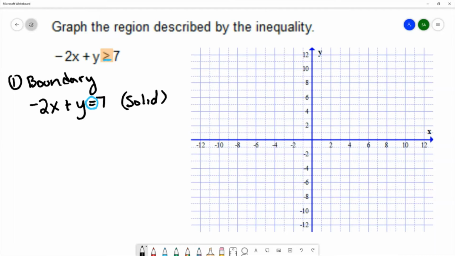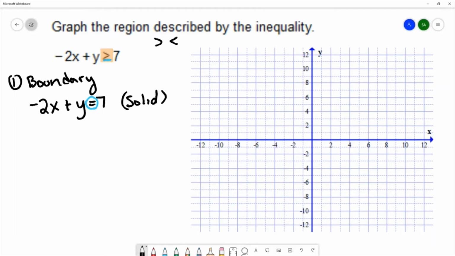If we had an inequality like greater than or less than, where there is no equal to, the boundary wouldn't be included, and we would draw that boundary with a dashed line. So we want to draw this line, negative 2x plus y equals 7, with a solid line.